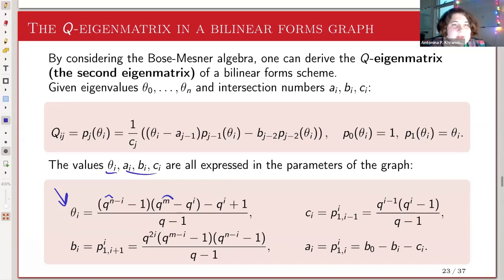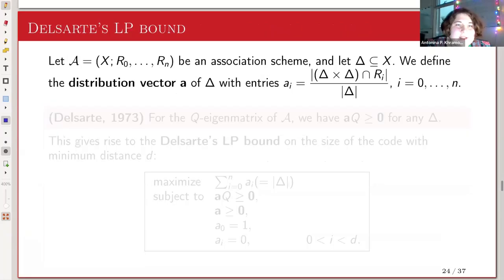The reason I'm going into details for the second eigenmatrix is because I will need it to define the Delsarte bound. Another term that I need is the distribution vector. For an association scheme and for a subset of the point set of the association scheme, the distribution vector is just a vector that in a way shows how the set delta is distributed over the relations of the scheme.